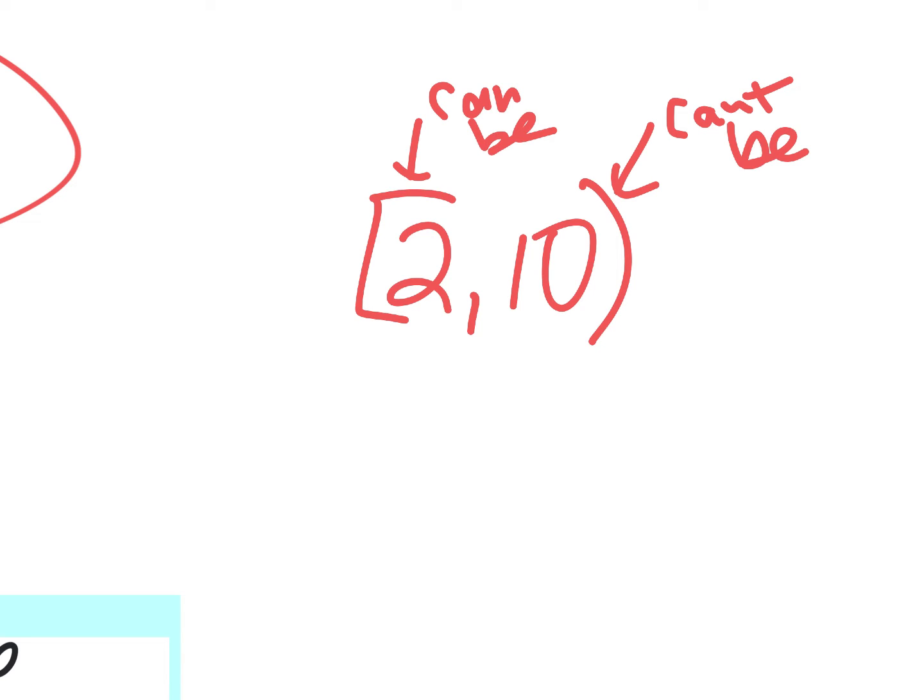So you could have 2-year-old, 3, 4, 5, 6, 7, 8, 9.9 even is fine, but as soon as they hit 10, you're not licensed for that anymore, and you got to get a different person to take care of them. Okay, so the parentheses and the brackets do mean different things. So this domain would mean the number 2 would work, and 3 and 4 and 5 and 6 and everything in between. All the way up to 10, but it can't actually be 10.